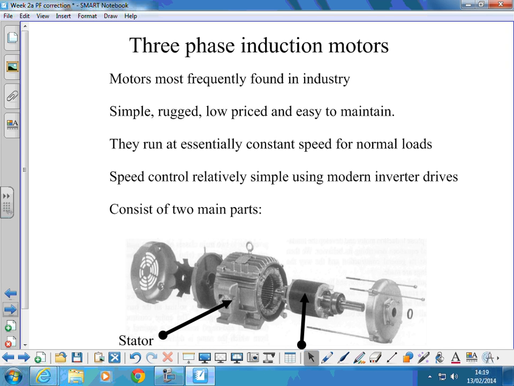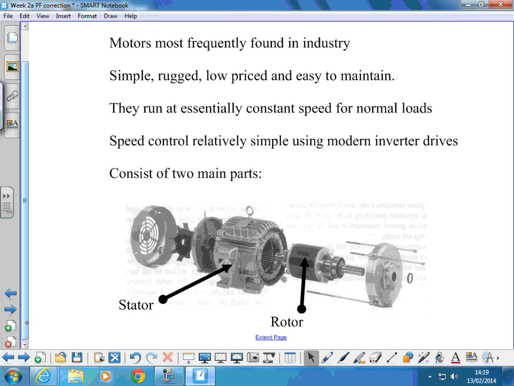They run at essentially constant speed for normal loads. Speed control is relatively simple using modern inverter drives, controlling the frequency. It consists of two main parts: a stator, the bit that stays stationary, and the rotor, the bit that turns.